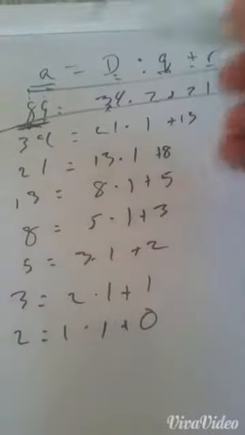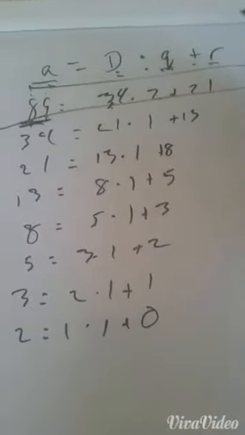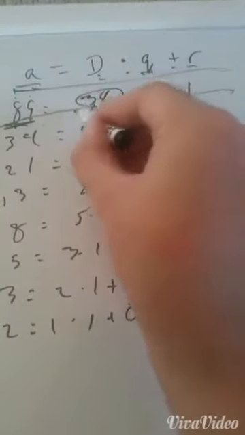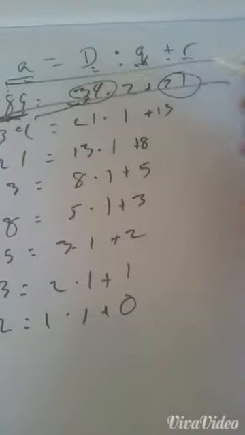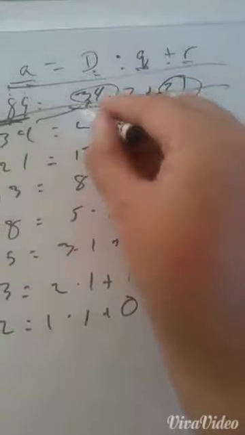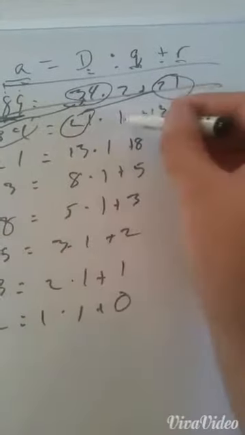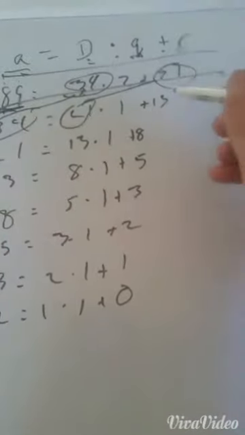And then in Euclid's GCD algorithm, we just slide these over by 1. This slides over here, and the remainder slides over here. So 34 divided by 21, you get 1, with the remainder of 13.